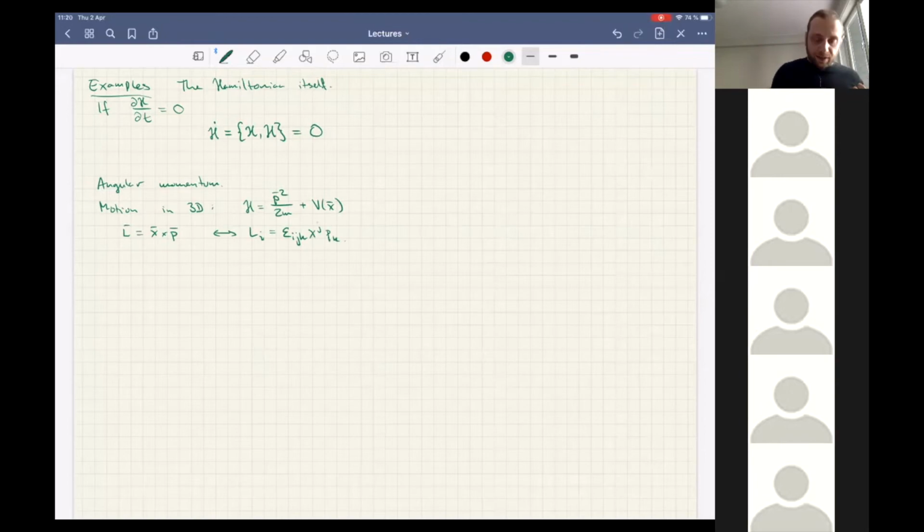So this means that if I take the time derivative of L, because L is a function of x and p, this is going to be given by the Poisson commutator between L and H. If I write this out, what we have is x cross p, and the Hamiltonian here, p squared divided by 2m plus V of x.